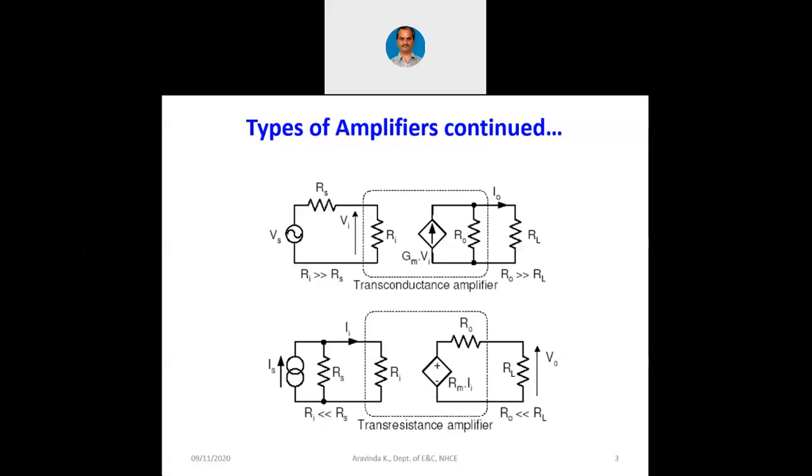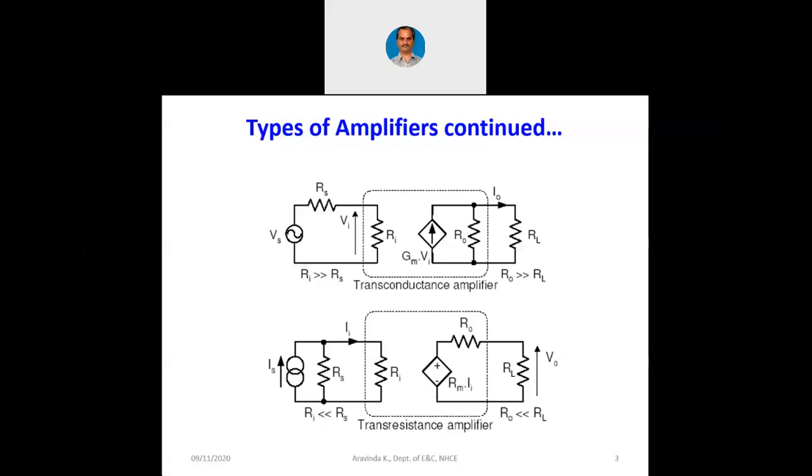As I have been telling you earlier also, you will be studying one subject called linear integrated circuits in the next semester, where you will understand how an operational amplifier can be used as a current to voltage converter or a voltage to current converter. Because at times we have some applications where the input signal's voltage has to be converted into current at the output.